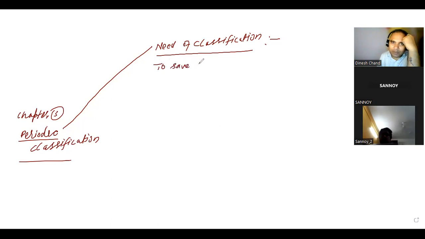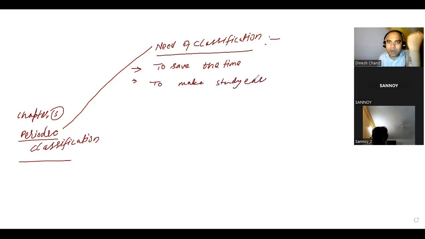This is very useful to save time, because you need not study all the elements' general properties. Simply by studying the group properties, group character, you can understand the properties of other elements. And secondly, to make the study easy.